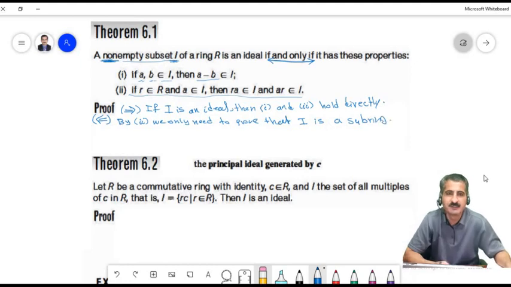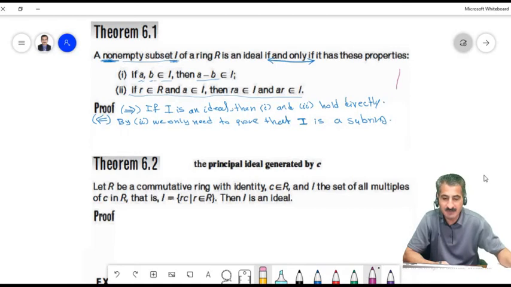that I is a subring. Okay, so we want to prove I is a subring, but let's go back and remember what are the axioms needed to prove it is a subring.